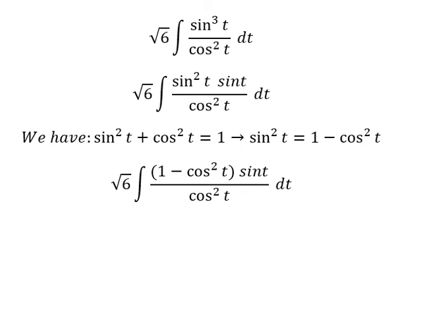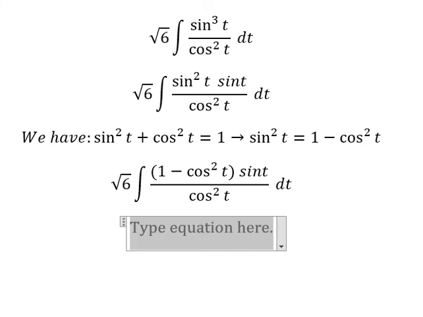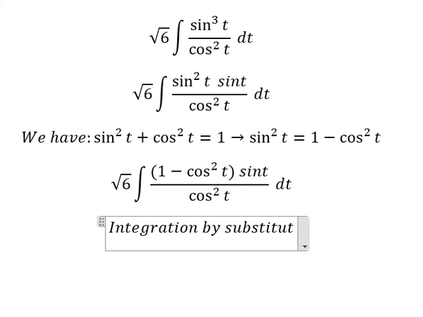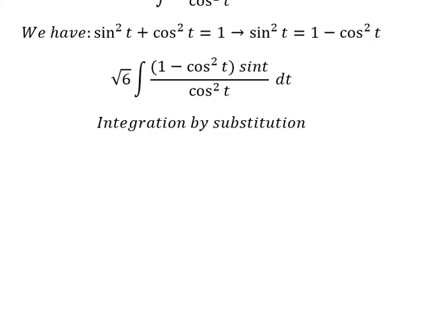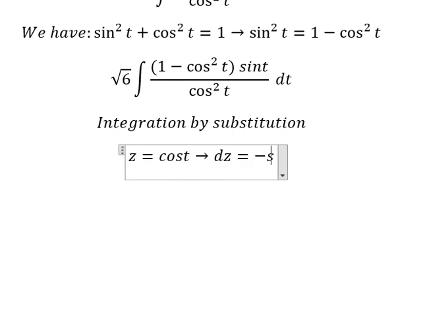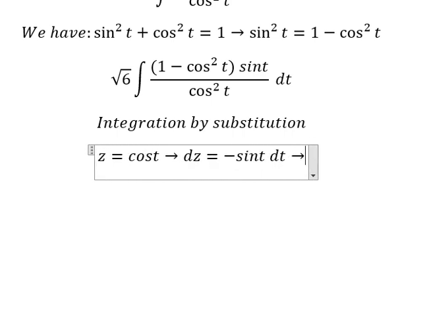Next, we need to use integration by substitution. So I will put z equals cosine t. dz we have negative sin t dt.